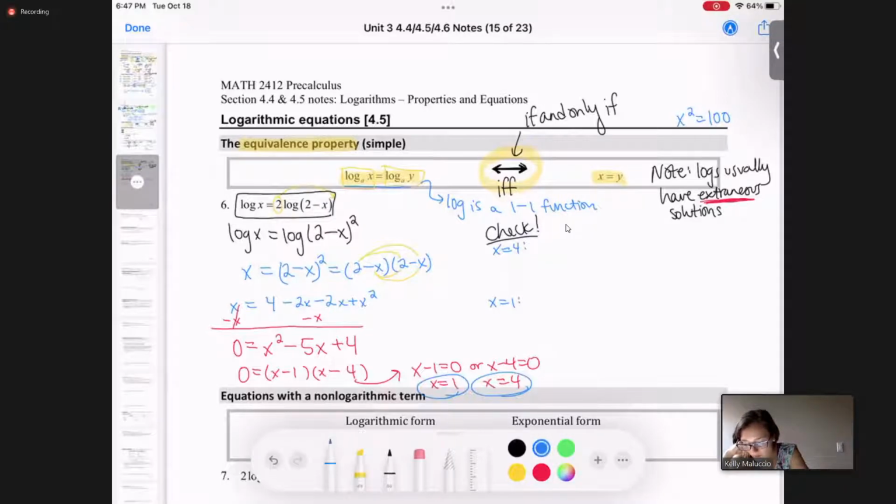So let's check the first one. Log 4 equals 2 log of 2 minus 4. What happens here is this side becomes 2 log, and we want 2 squared to get 4, but this is -2.